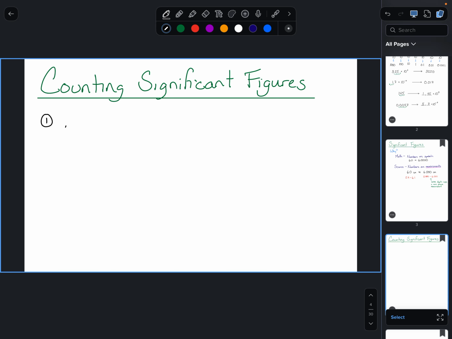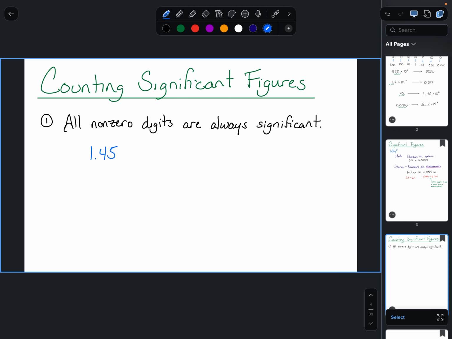Rule 1: all non-zero digits are always significant. So let's say that we have a measurement like 1.45 centimeters, and I'm trying to count how many sig figs there are in this number.